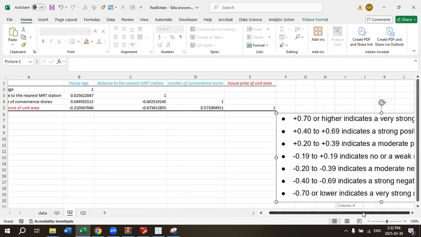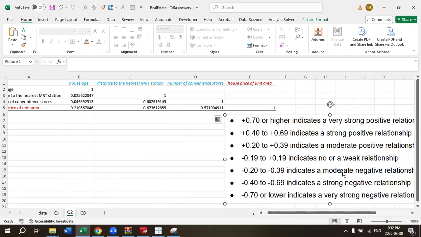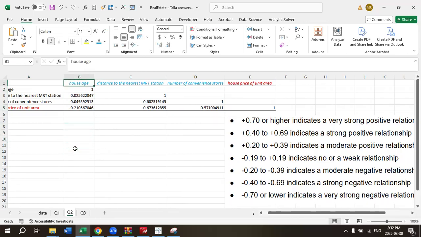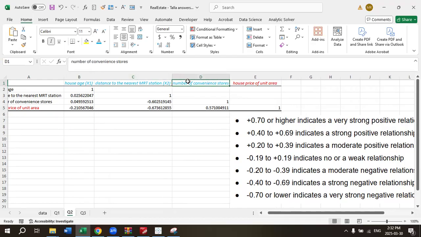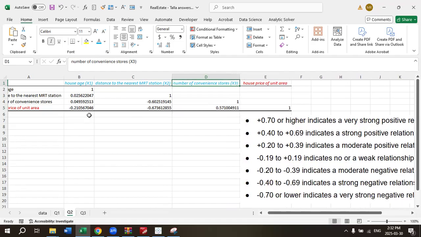So it's a moderate relationship, a moderate negative relationship. This is x1, this is x2, this is x3, and this is y.